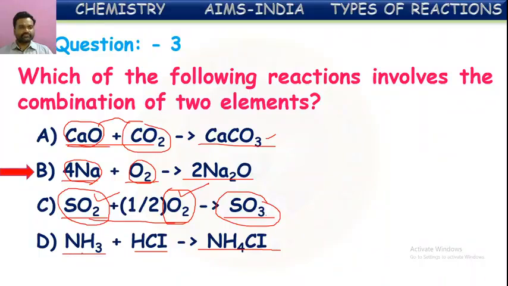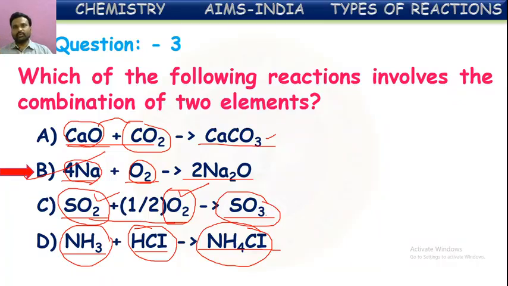Last one, this is the combination of two compounds because ammonia is a compound, hydrogen chloride is also a compound, and finally they are forming a new compound. So the only correct answer is B, in which sodium and oxygen, two elements, are combining to form a new compound, sodium oxide.